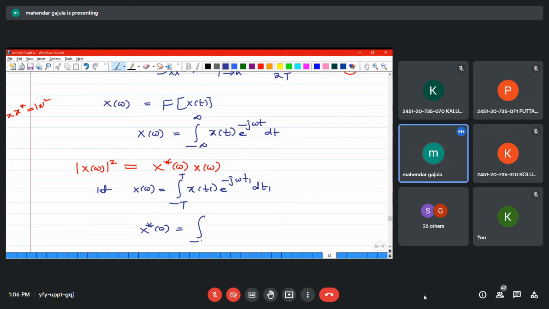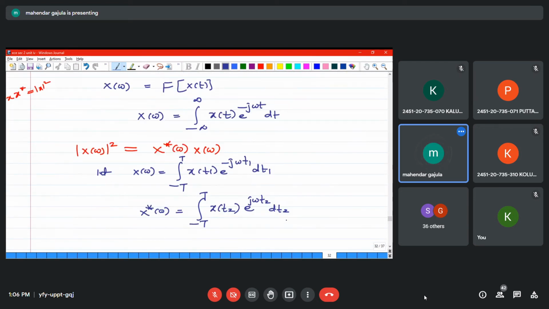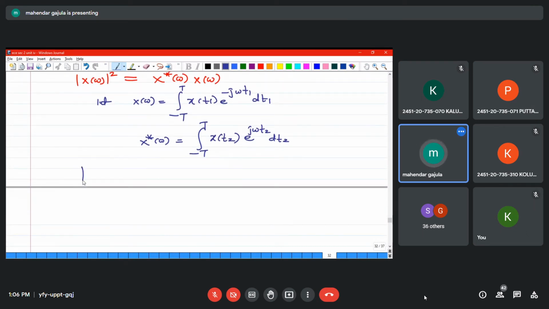So how can we write it? Minus T to T, let us write xt2, e power j omega t2 dt2. So mod X omega whole square is equals to integration from minus T to T xt2 e power j omega t2 dt2 into integration from minus T to plus T xt1 e power minus j omega t1 dt1.